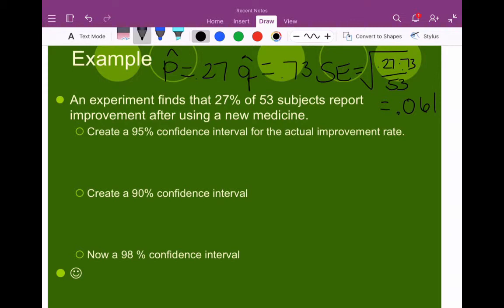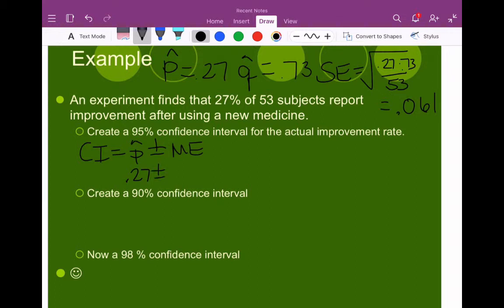So the first confidence interval is a 95% confidence interval for the actual improvement rate. If I'm going to create a 95% confidence interval, again, a confidence interval is equal to your p hat plus or minus your margin of error. In this case, my p hat is 0.27.